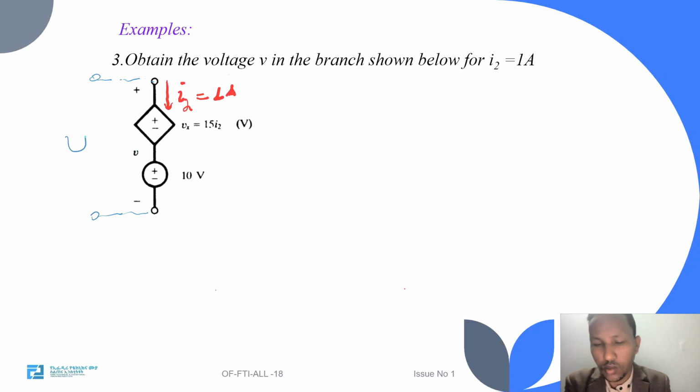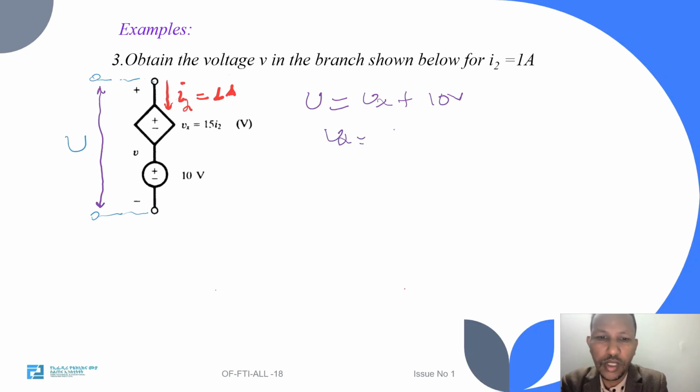So this voltage is given, it is V. The voltage on this terminal is equal to the voltage on this terminal plus the voltage on this terminal. So we can write V equals Vx plus 10 volt. What's Vx?